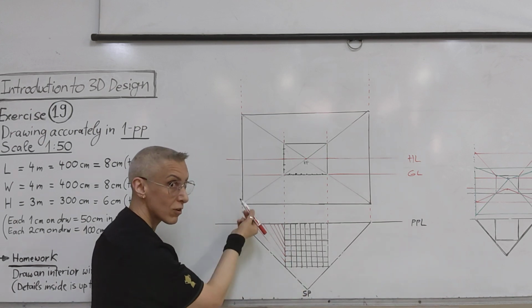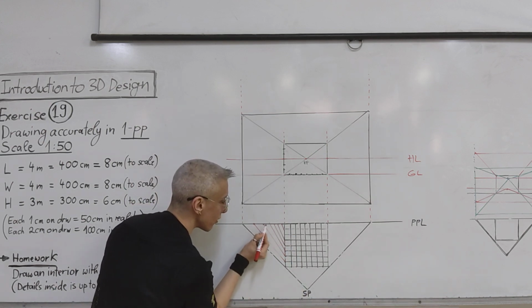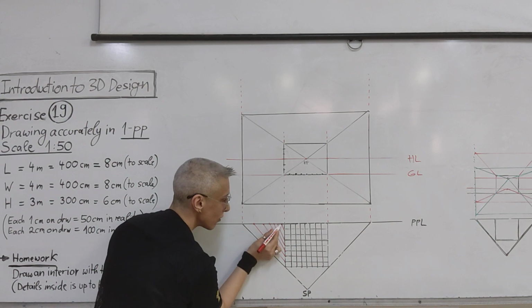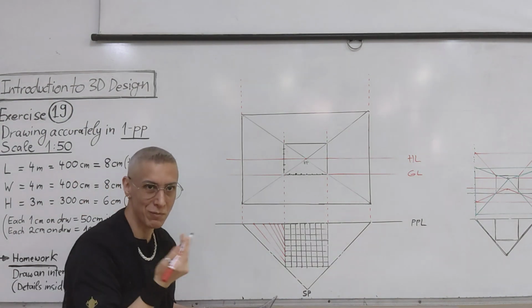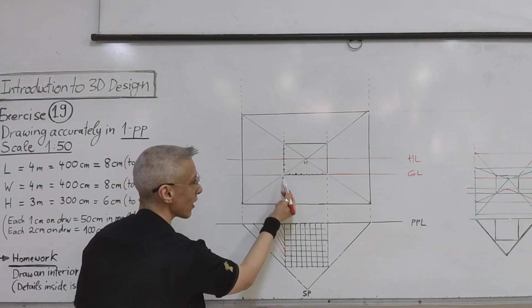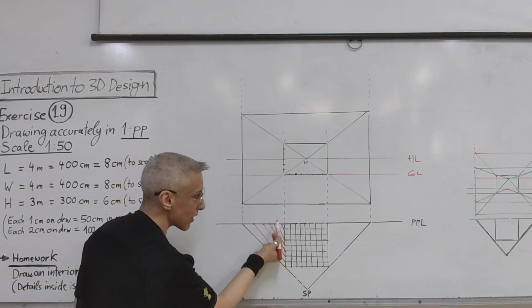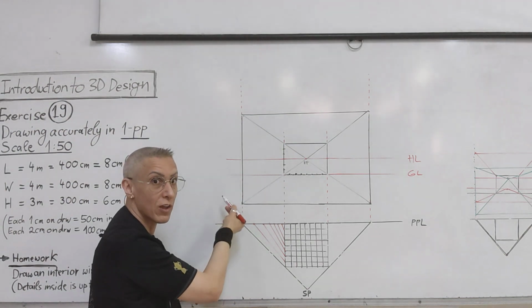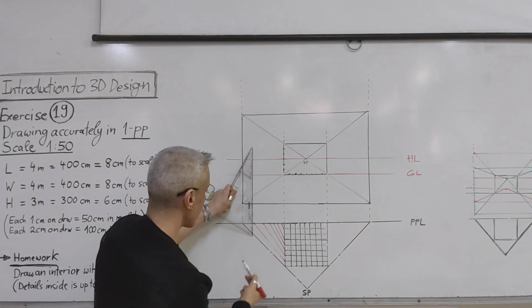From the station point, lines. Now from all of these points, what do we do? Similar to what we have already seen before in other methods, we take them up and see where they will intersect this line. So we will take these points up.